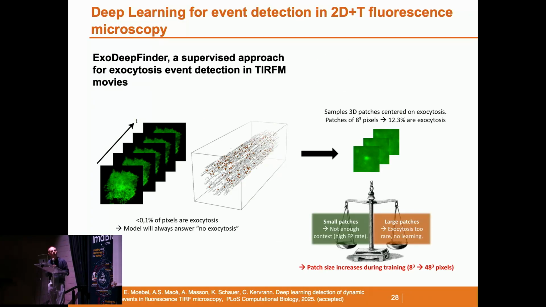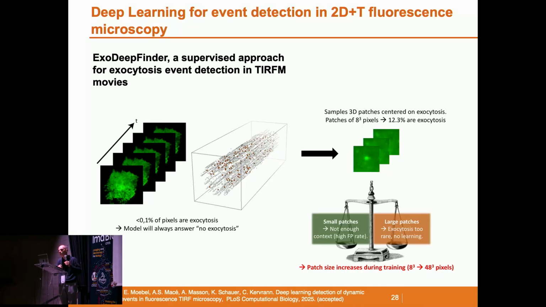Nevertheless, we have to modify the strategy a little bit. Of course, we generated masks, because an exocytosis event can be represented by a small spot with a short extent along the time axis. But we observed that sometimes you never find anything. So we updated the strategy during the training, because if you consider a very large context, we don't find anything.